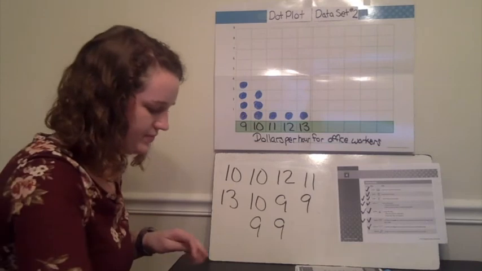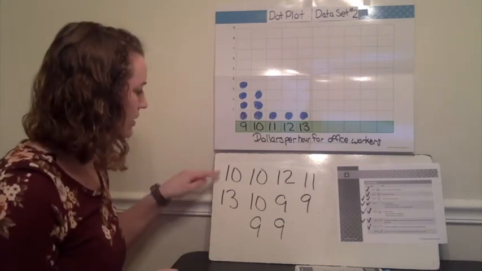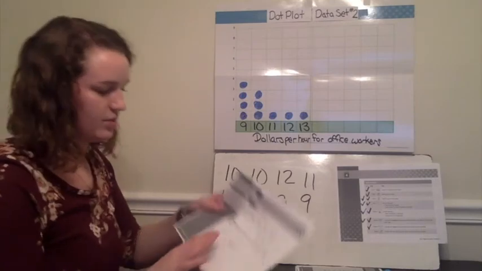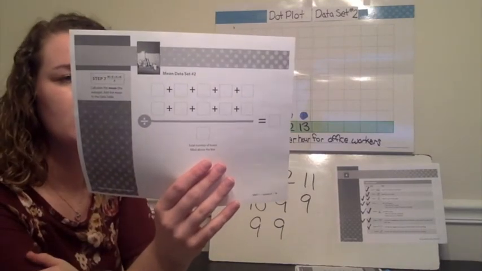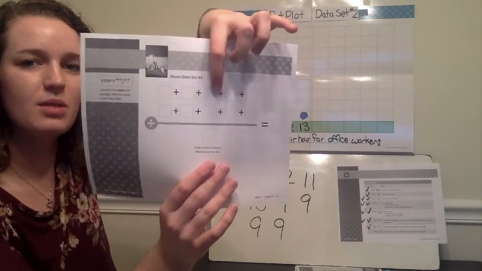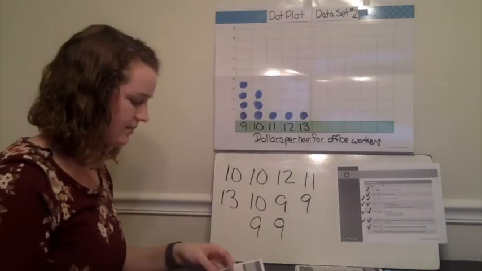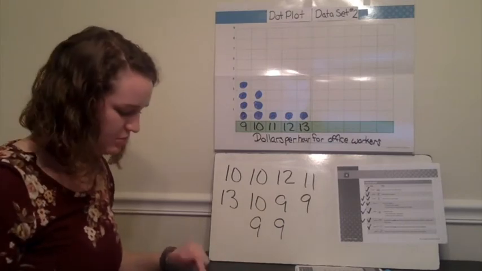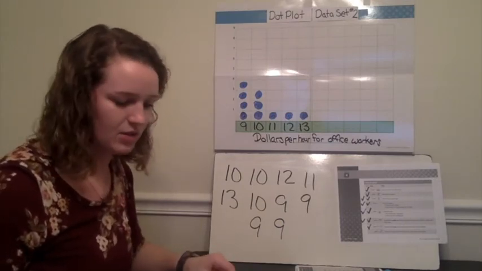Okay. So now we're going to write our data set in the boxes on page 19. We're going to put all of our numbers in the boxes here. So go ahead and do that. Ashlyn and Gary, you should have another Ziploc bag that says page 19, and that has all of our numbers in it.